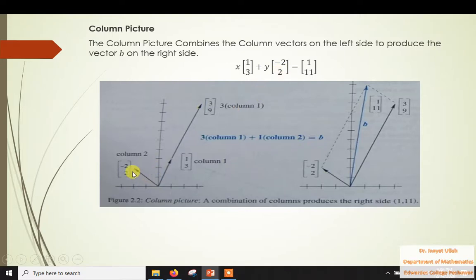So 1 times (-2, 2) is the same vector, and the length of this vector will not be increased; it is the same length which is given to you.